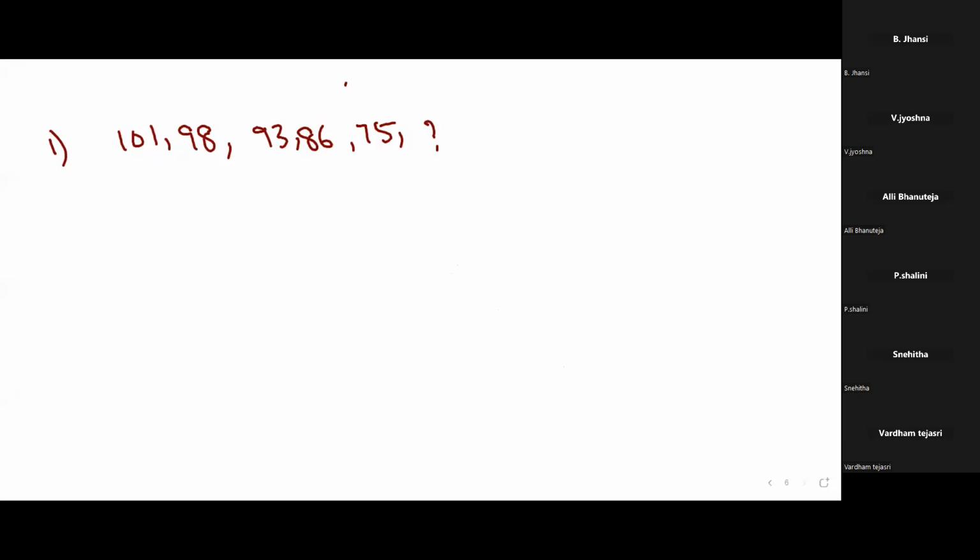Yes, some of you already gave it there. First you observe 101 to 98 means minus 3. Then 98 to 93 is minus 5. Then 93 to 86 is minus 7. Means from 93 if you subtract 7 you are getting this. Then this is minus 9, right?